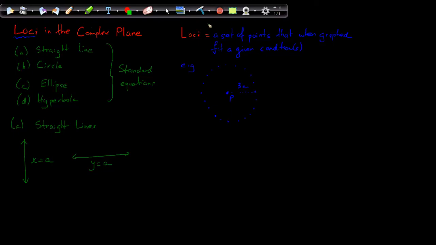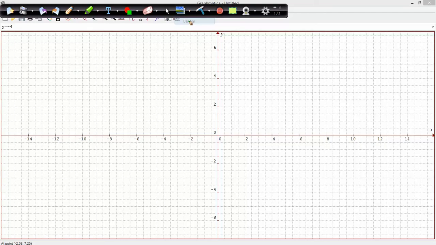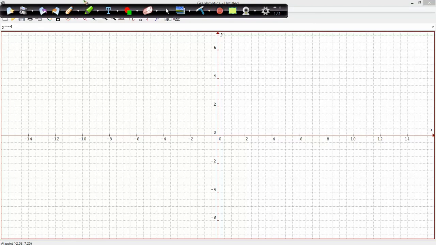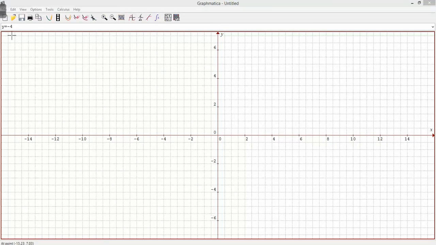Okay, so I'm just going to swap over to the desktop here. Okay, let's minimize that, bring that back and swap to the normal cursor. Okay, let's put in a few of these equations just to reinforce that point. So x equals, say, -2.